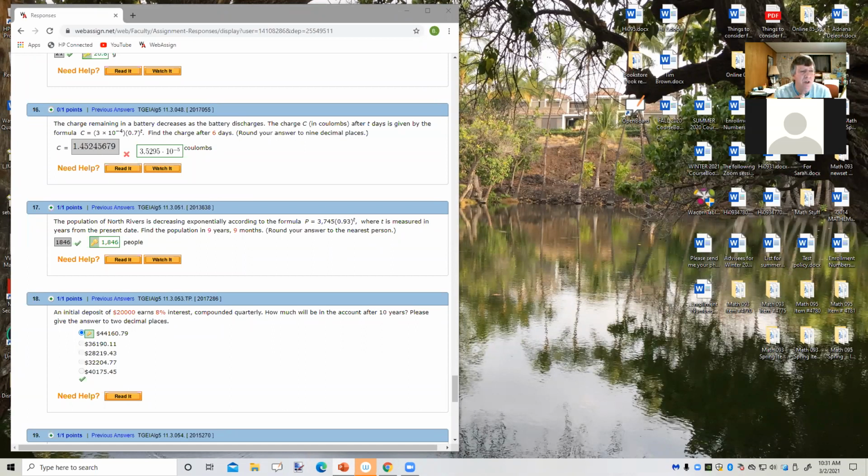It says the charge remaining in a battery decreases as the battery discharges. The charge C, in, I believe that's coulombs, I'm not sure, after T days is given by the formula C equals 3 times 10 to the negative 4th power times 0.7 to the T power.